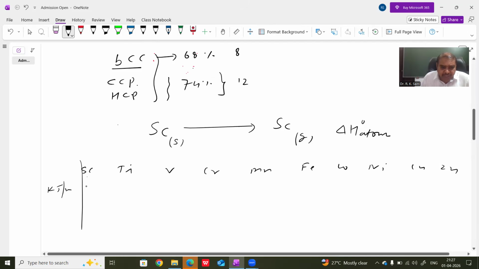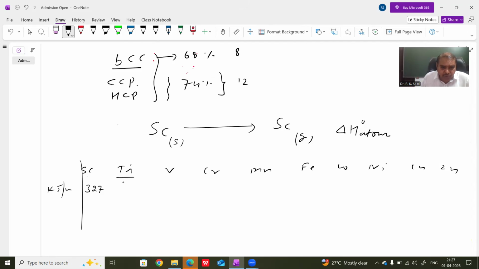Atomization enthalpy of scandium is 327 kilojoule. In case of titanium, 473 kilojoule per mole. In case of vanadium, highest atomization enthalpy and highest melting point in the 3D series, 515 kilojoule per mole. This value is given in your NCERT, but in JD the value is 562 kilojoule per mole.